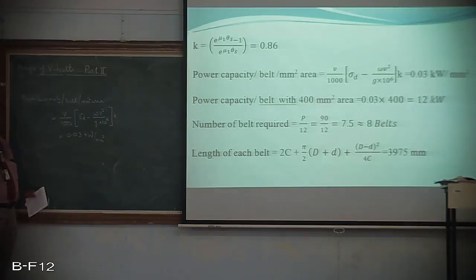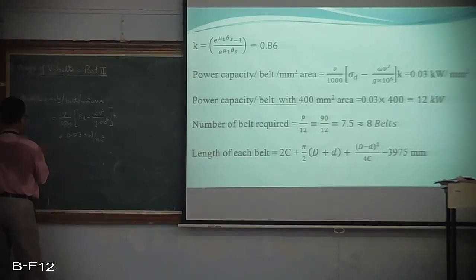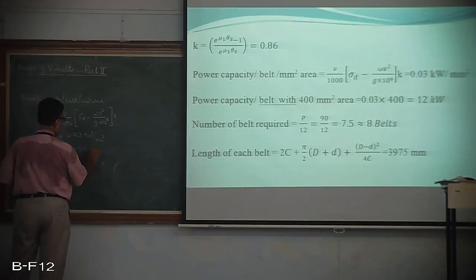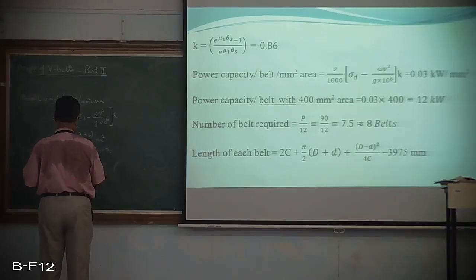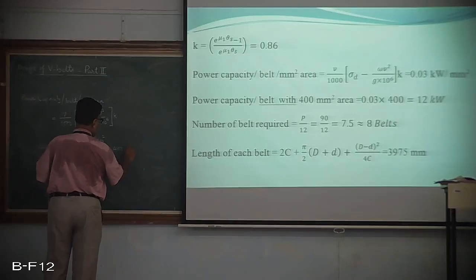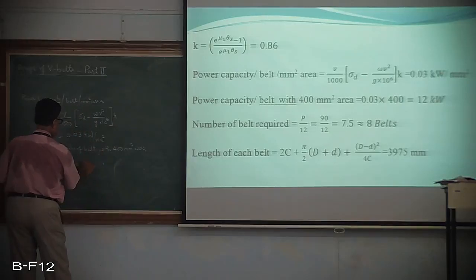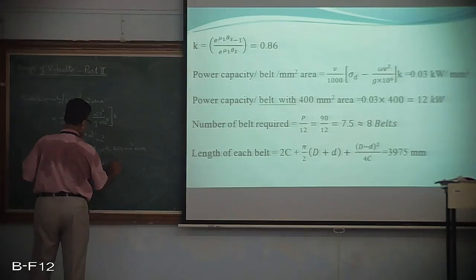But since the area has been already given to you, the power capacity of a belt with 400 mm square area is given by 0.03 into 400 millimeter square.